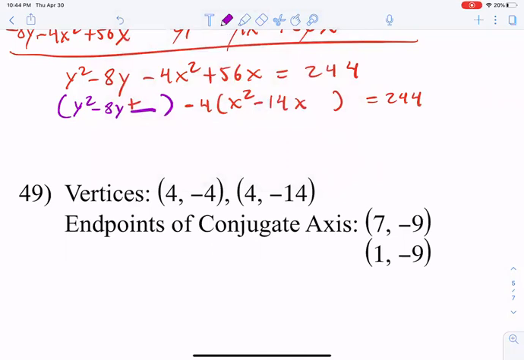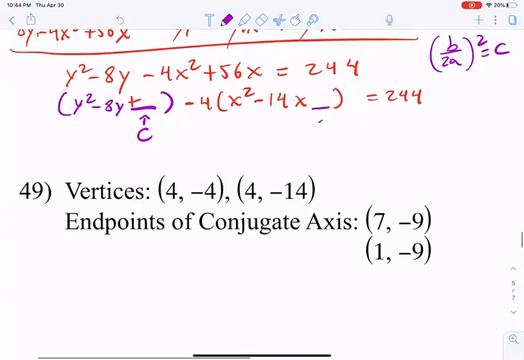Well, we have to find the c term. Remember, the formula is (b over 2a) squared equals c. We need to find that value here and that value here, right?